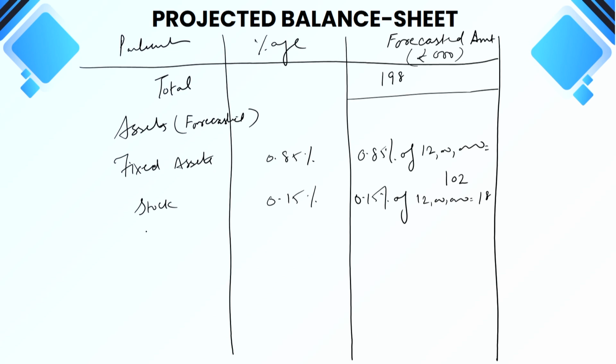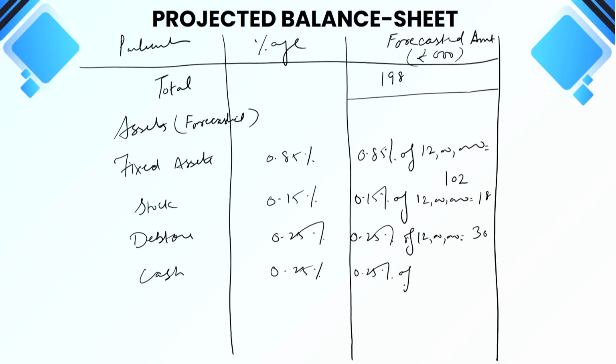Then next item is debtors, which was 0.25% of 12 lakh, comes to 30,000 rupees. And then the cash is also 0.25% of sales, which is again 30,000 rupees.